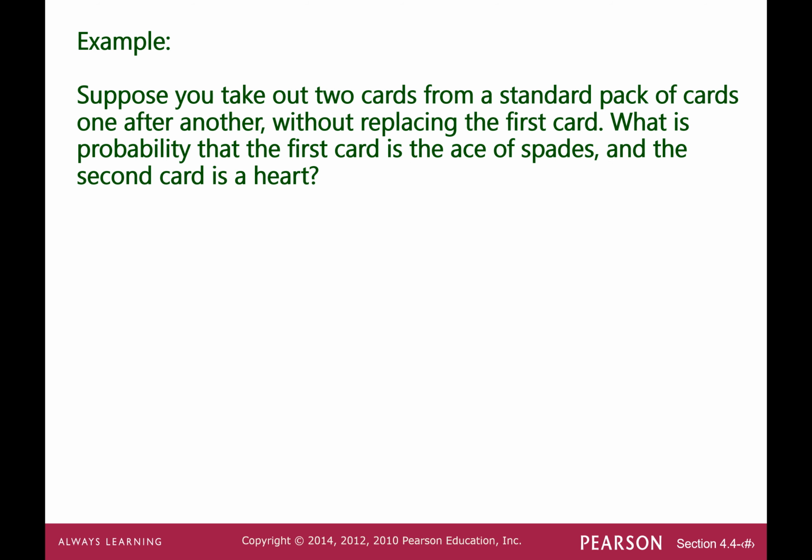Let's take a look at this example. Suppose you take out 2 cards from a standard pack of cards, one after another, without replacing the first card. So without replacement here. You pick the card, you remove it from the standard deck of cards. What's the probability that the first card is the ace of spades and the second card is a heart?